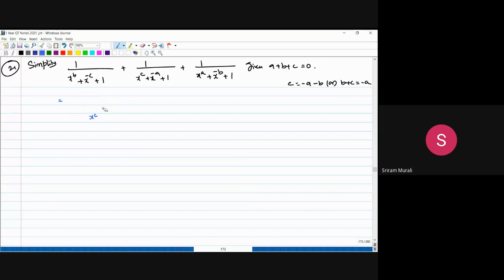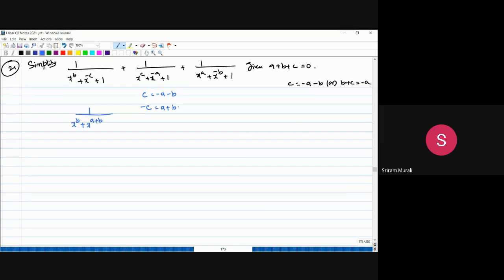What I do, you want to get minus C. If C is this, what can be minus C? Minus C will be plus A plus B. So using this phenomenon, I am trying to solve this problem. This is 1 divided by x power B. Shall I write minus C as x power A plus B?